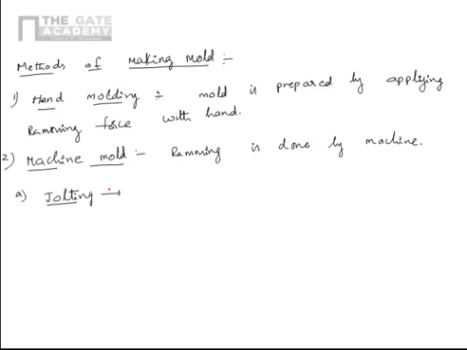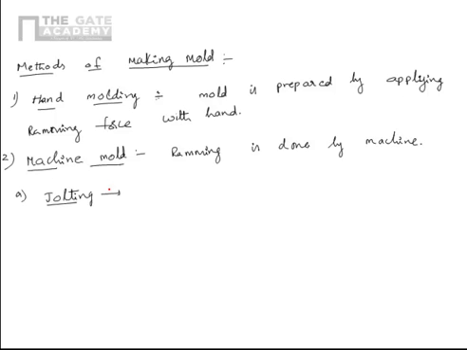By using guideways we drop the sand-filled mold. The potential energy possessed by the mold after lifting to a certain height is converted into ramming force as it hits the ground, and there is an equal and opposite force from the ground.